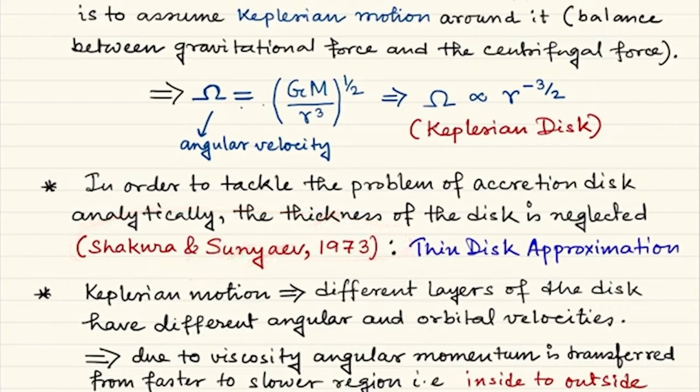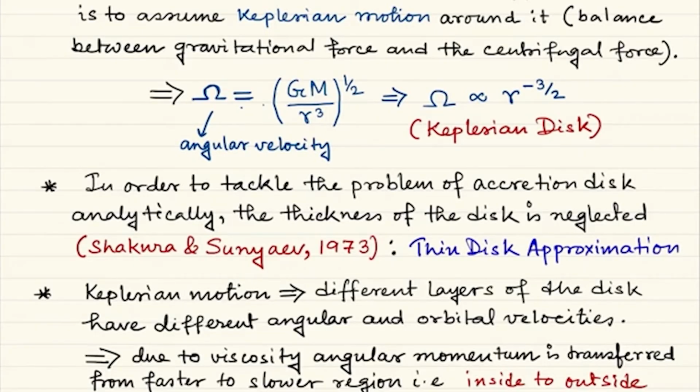Okay. Now, Keplerian motion implies that different layers of the disk have different angular and orbital velocities, because angular velocities are already dependent on the radius. So it is for you to think how, if angular velocity has this type of dependence, the orbital velocity, which is v, should have a radial dependence.